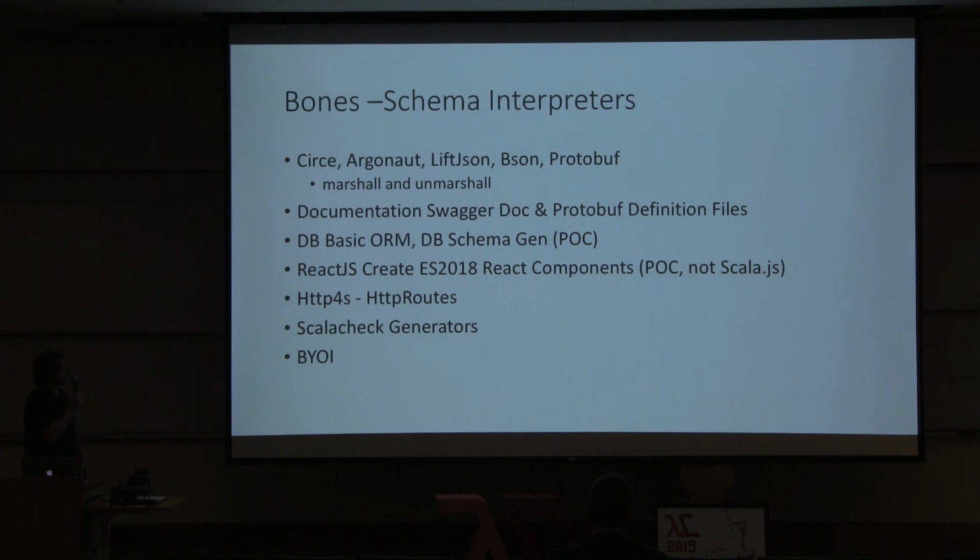There's kind of this proof of concept database generator, a React component, HTTP4S routes, and ScalaCheck generators. That's interesting to do with validation, because, for instance, if you are only expecting words, or if you're only expecting a length of 30, you can make sure you either generate valid data or you can actually generate invalid data.